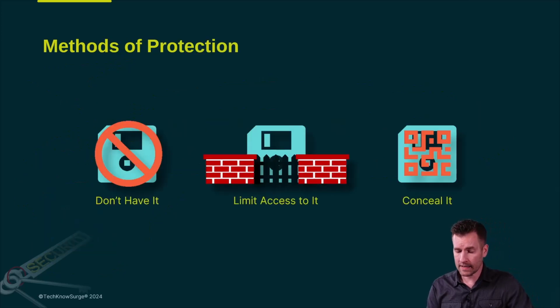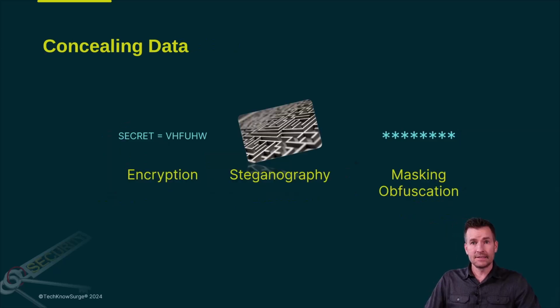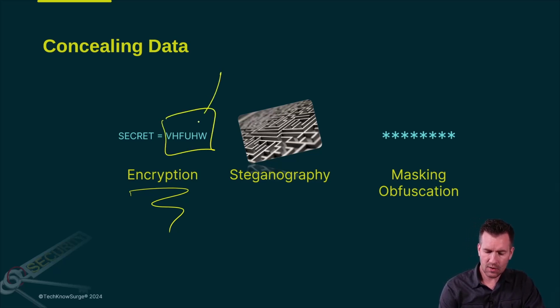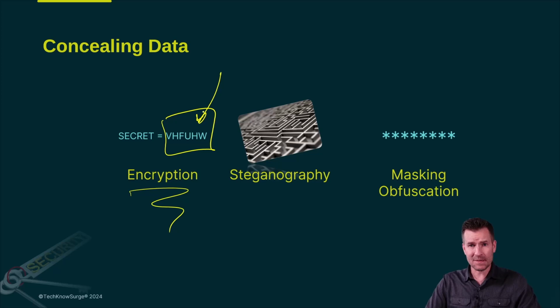We also said we could conceal it. So let's talk about how we can conceal data. One example is encryption, where we take the data and encrypt it. It's still present, and perhaps people still have access to it, but it's unreadable unless you have the key to decrypt it.